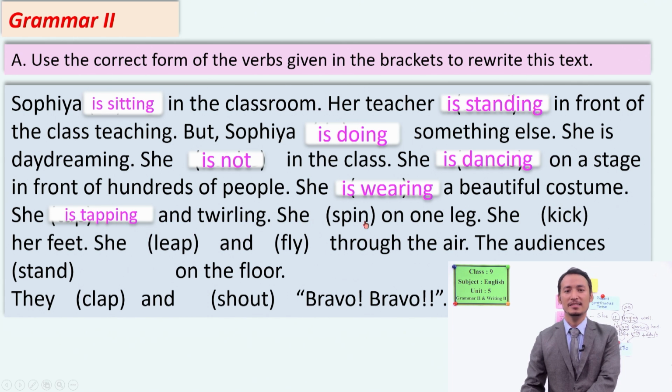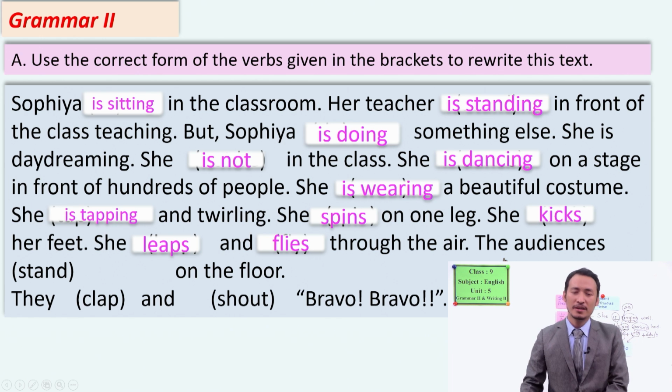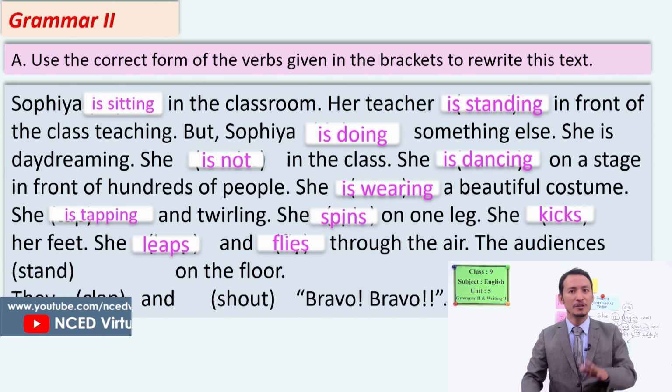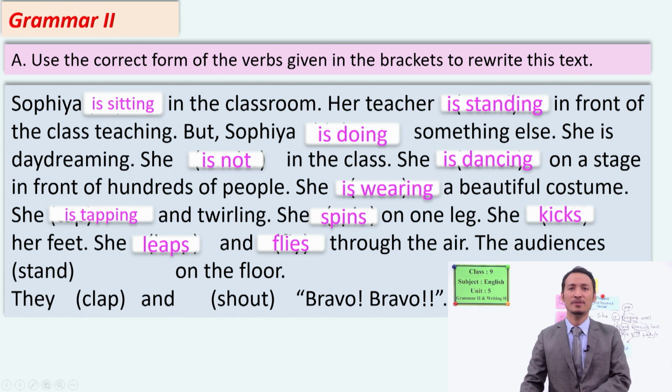She spins, or you can simply describe what she does. She spins on one leg, she kicks her feet, and she leaps and flies through the air. So there is no very vast difference in using simple present or continuous tense when you have to describe a situation. Okay, students, you simply can use present continuous tense for actions, and for situations, for activities, you can also use simple present tense.